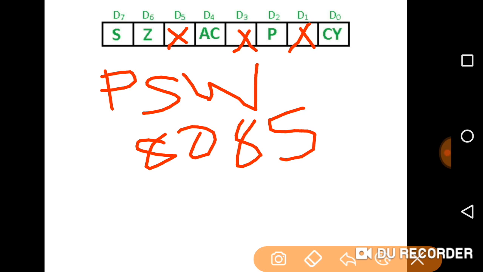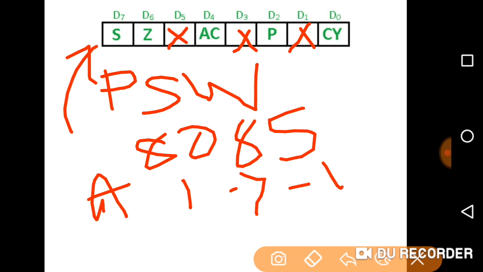The sign flag: after performing an operation, suppose an addition or a subtraction, the result will be stored in the accumulator. If the content of the accumulator is negative, this S bit will be 1 for negative.